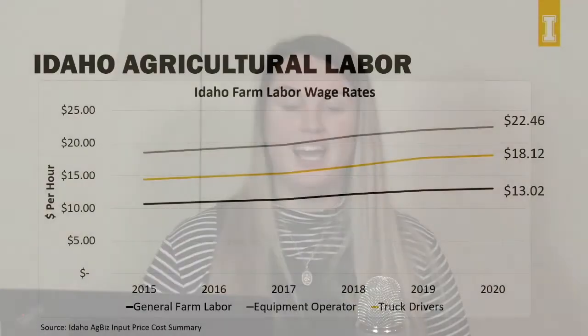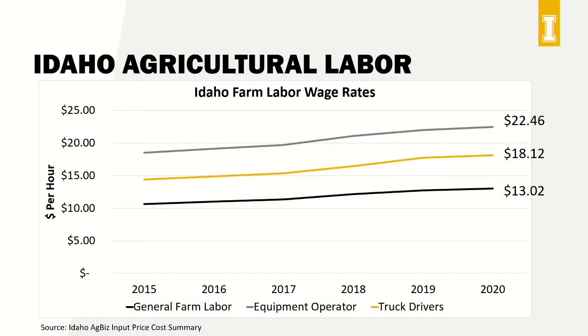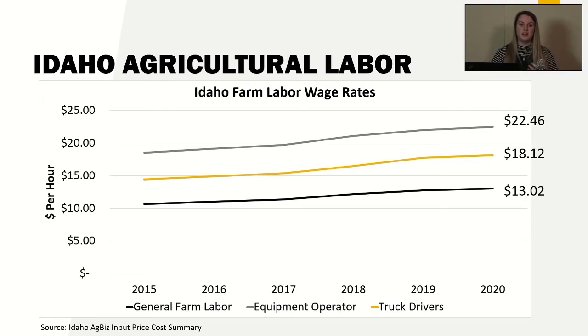So again, I know those labor numbers that I showed were kind of misleading. These are the true numbers. We saw an increase in wages this year. And so they went up this year from 2019, and they've continued to go up.